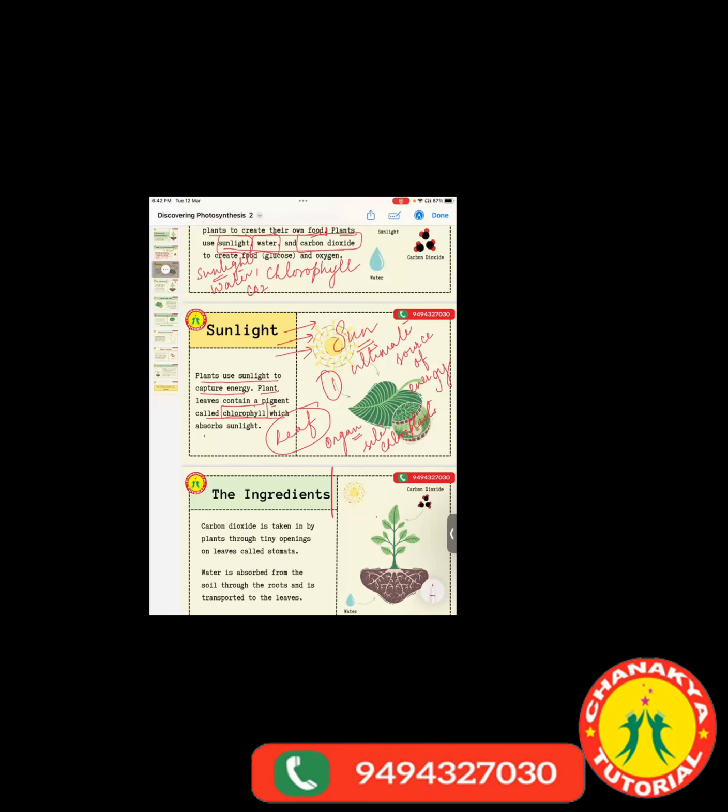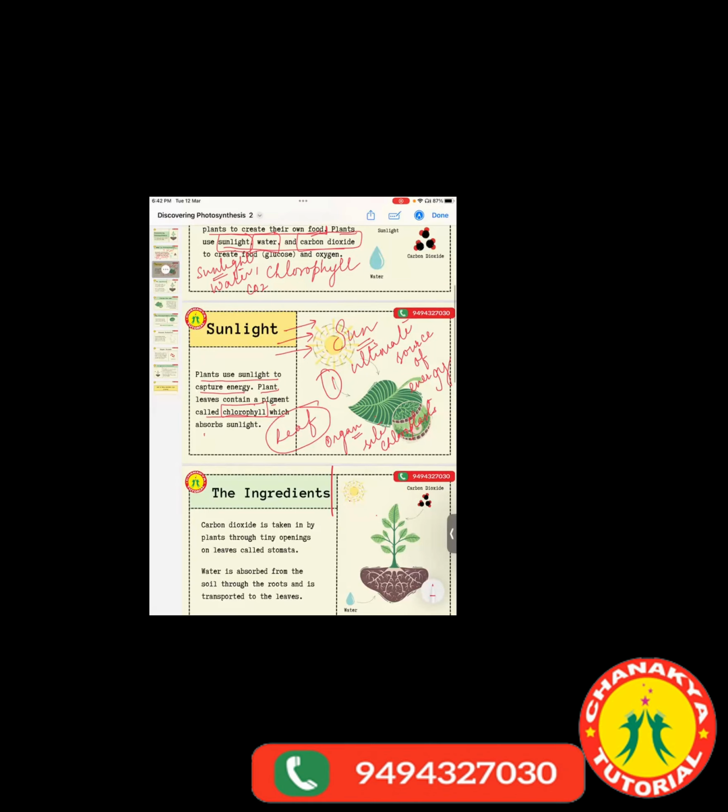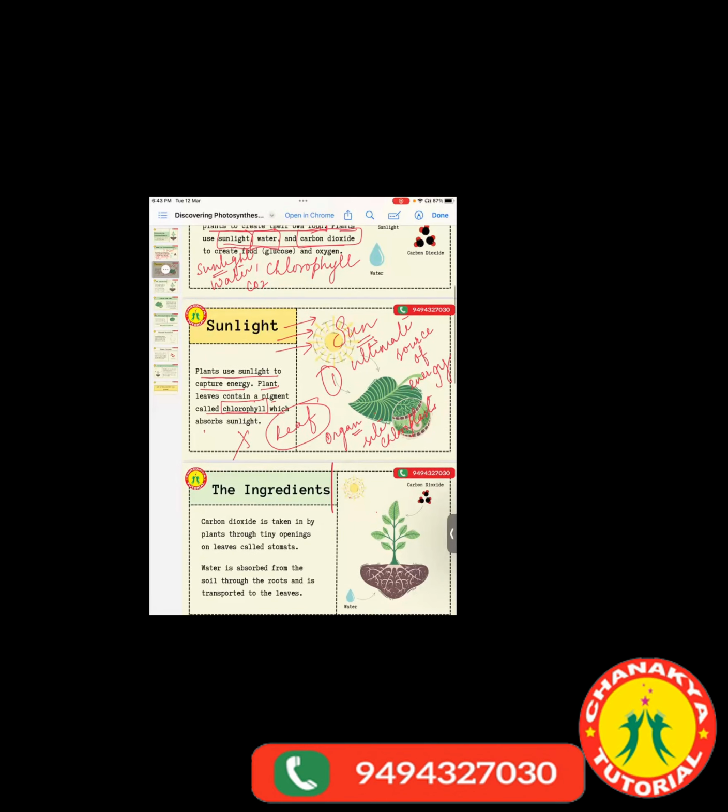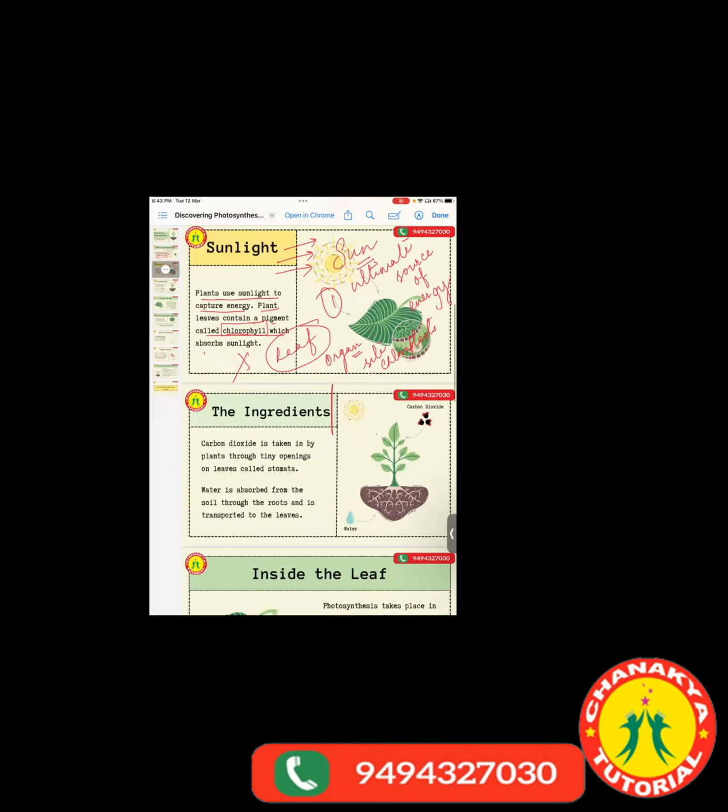Imagine if a plant does not have chlorophyll, will that leaf be able to absorb the sunlight? No. If no chlorophyll is present, then no sunlight absorption will be there. That is why it is important to have chlorophyll.